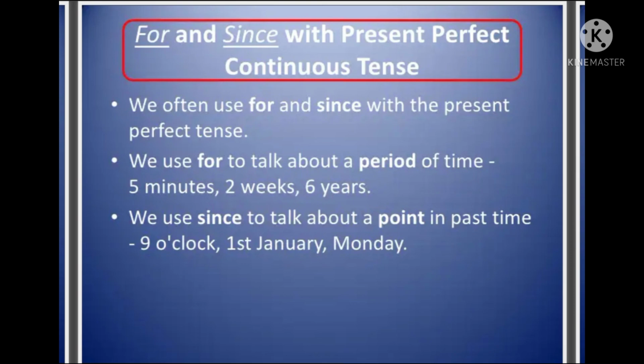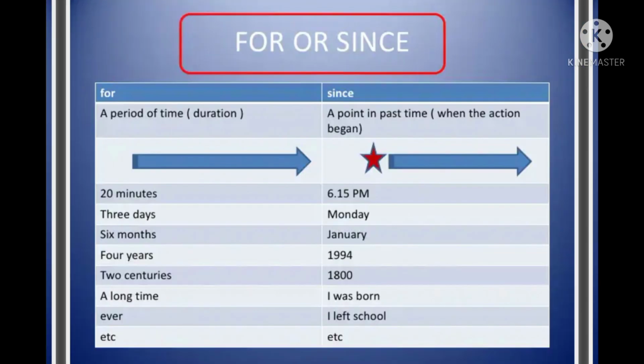We use for to talk about a period of time, means 5 minutes, 2 weeks, 6 years, 4 months, etc. And since is used for a particular point of time. For example, 9 o'clock, 1st January, Monday, etc. When you see this slide, it will be clear for you where to use for and where to use since.